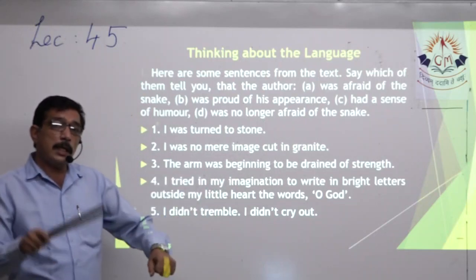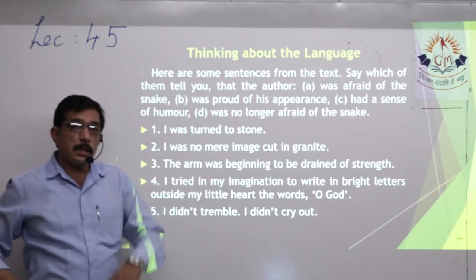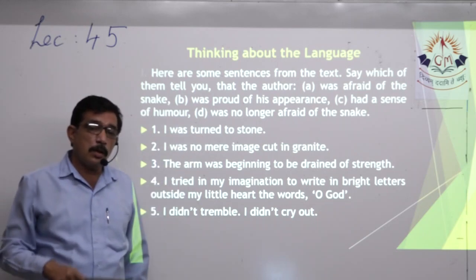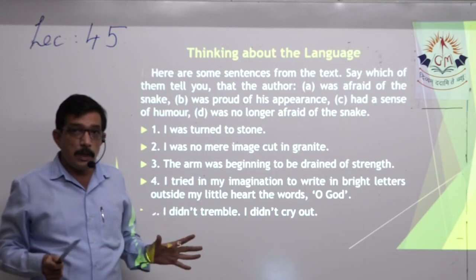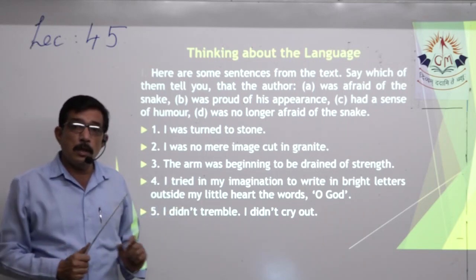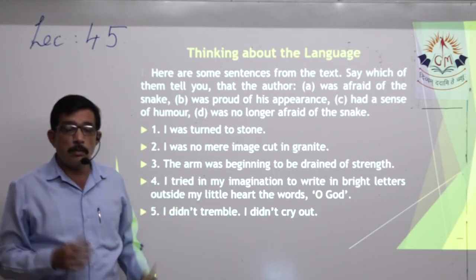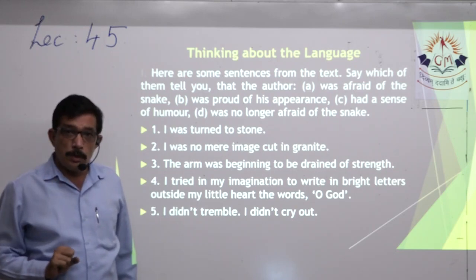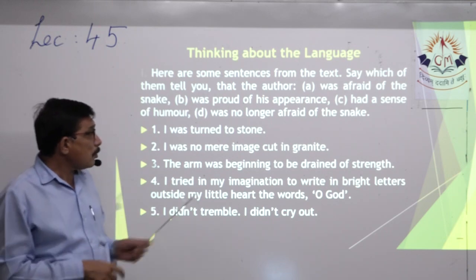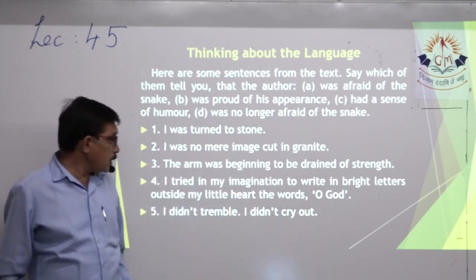It is when the snake leaves him, falls in his lap and climbs onto the table and goes away from him, that is where he is free. So again he is a human, again with flesh and blood. From stone he turns into a human body, so he was no longer afraid of the snake.